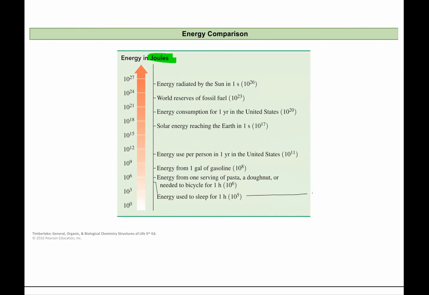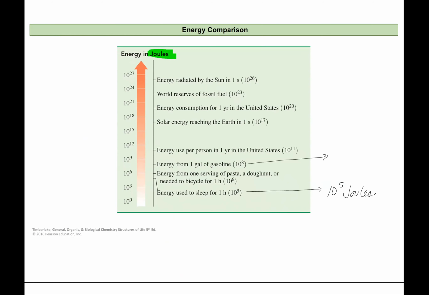You're going to use 10 to the power of 5 joules of energy to keep your body functioning for an hour of rest. The energy from a gallon of gasoline for your car, which will move you 15 to 30 to 70 miles depending on what kind of car you have, is 10 to the 8th joules. So significantly more.